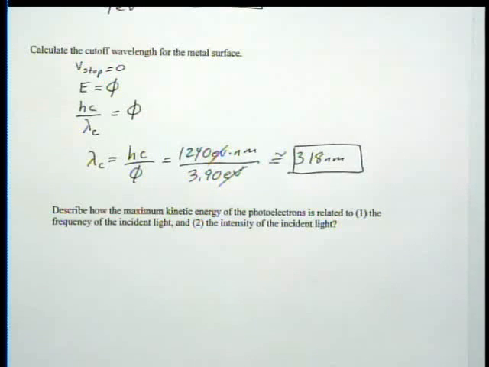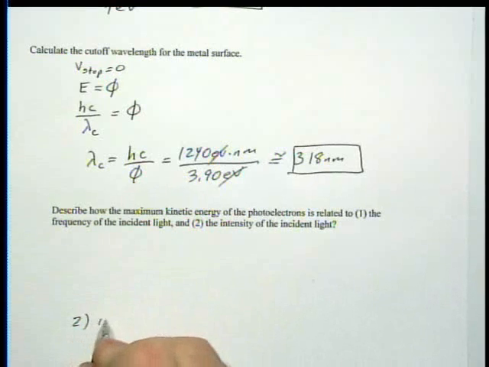Nothing to do with it. The number of electrons, current, is related to intensity, the number of balls you throw. But the size of the balls determines the oomph. And that's not related to intensity. Right? It's related to wavelength and frequency. So 2 is independent.